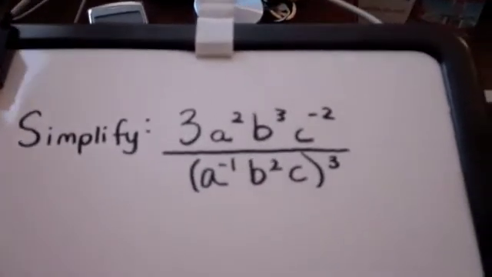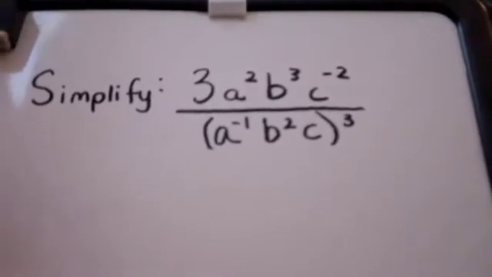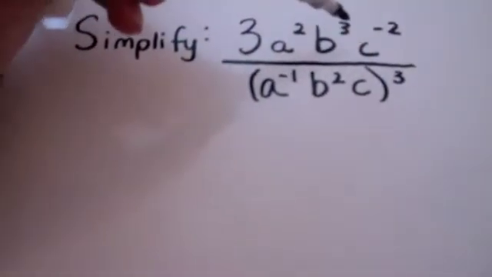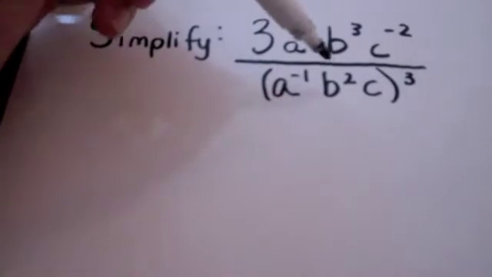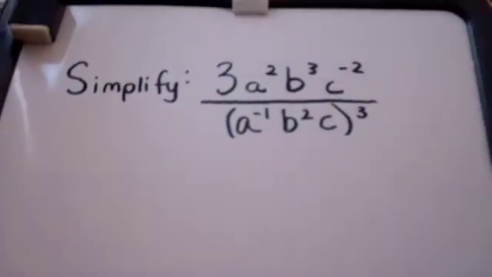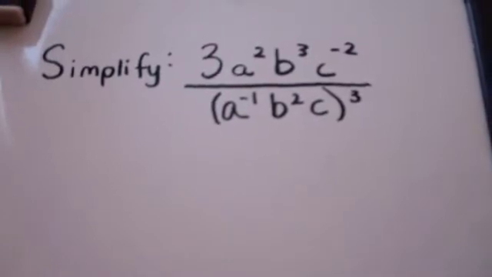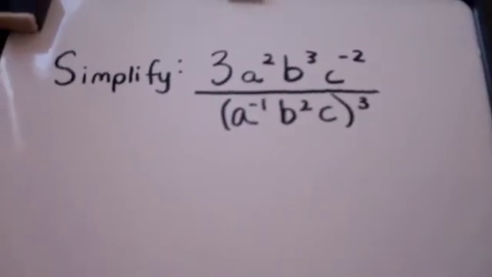So with this one, you want to start off by noticing we have a's, b's, and c's in the numerator, and a's, b's, and c's in the denominator. So hopefully by doing some operational math, we'll be able to cancel some of these off.